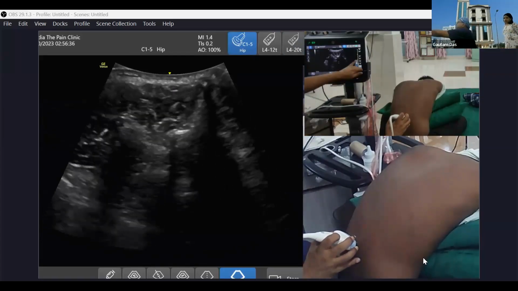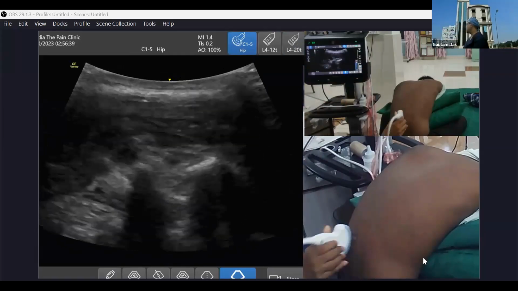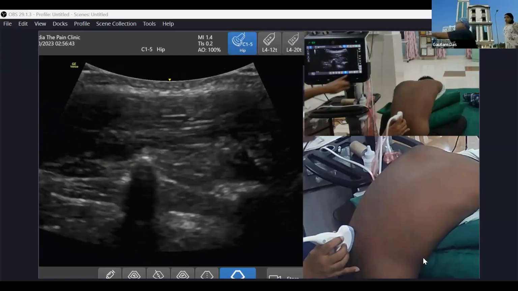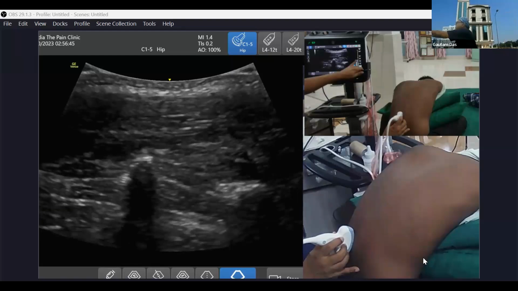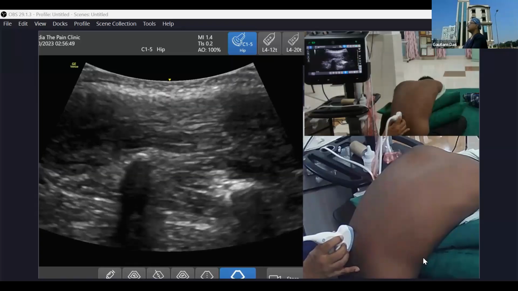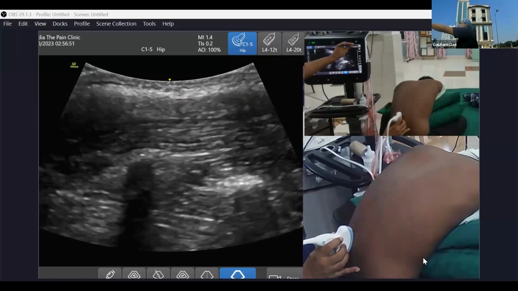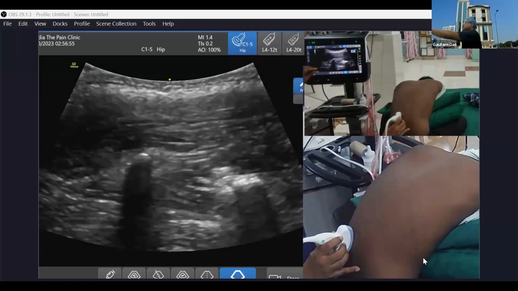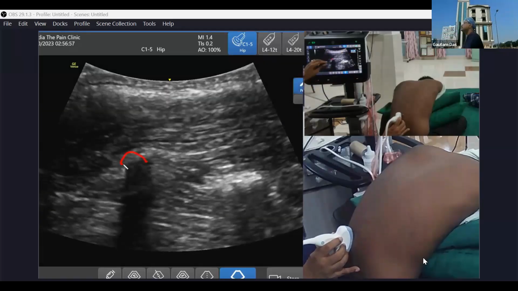Let me reduce the depth a little bit. So my marker is towards the cranial side. So what you can see here, this is your what?